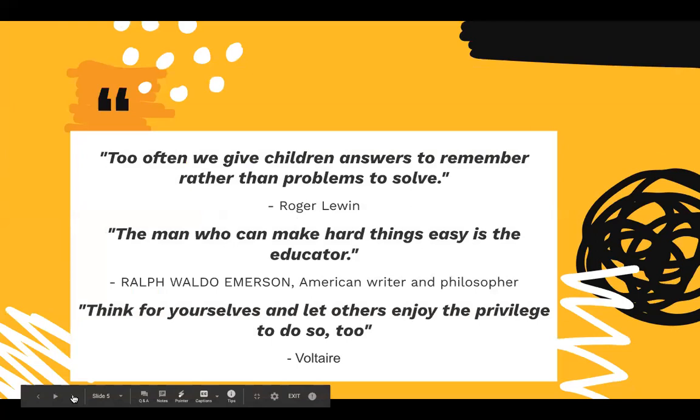Another one, the man who can make hard things easy is the educator. So when we're proposing problems to solve, we really want to be able to support them so that they have access to the knowledge that they're going to need in order to solve those problems.